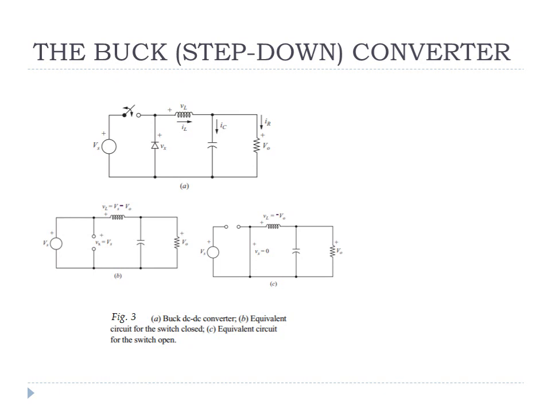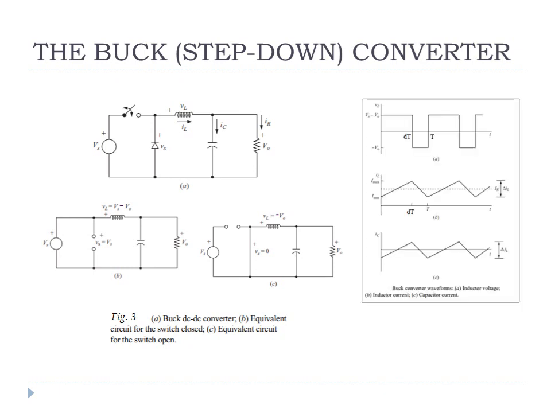Since Vs becomes 0, the voltage drop across the inductor is minus V naught. The diode is forward biased. The waveform for the inductor is as shown in the first figure. Here during on time, the voltage is Vs minus V naught, and during off time the voltage is minus V naught.